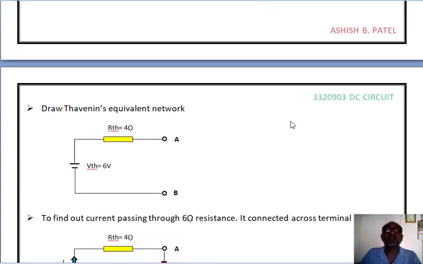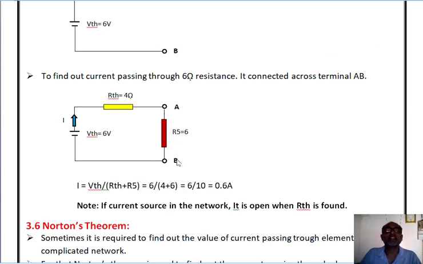So this load resistance is connected between the AB terminals, and RTH and R5 are in series. So RTH plus R5 is equal to 10. Now the current I is equal to VTH divided by RTH plus R5, so 6 divided by 4 plus 6 is equal to 6 by 10, which is 0.6 ampere. That is our requirement.